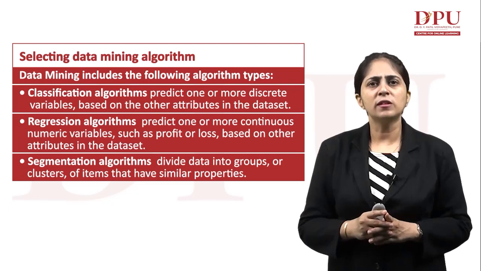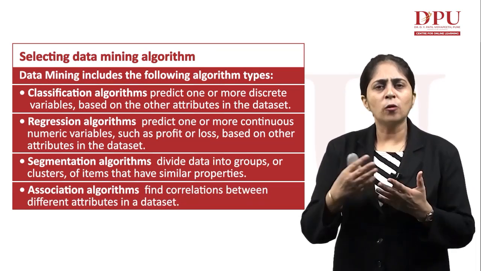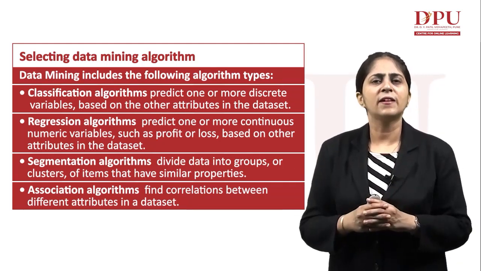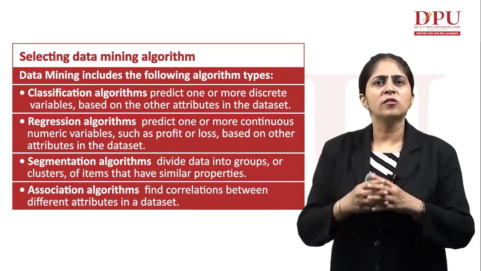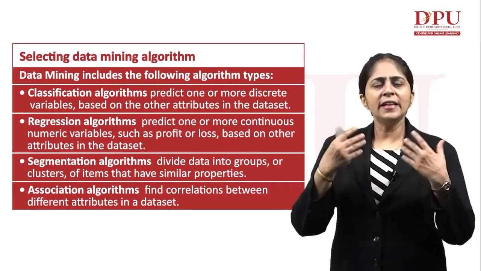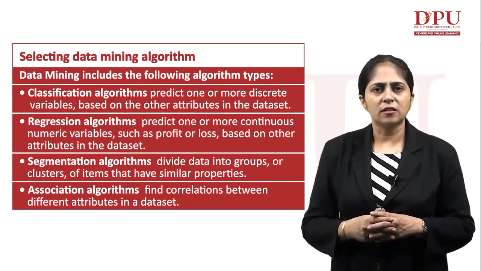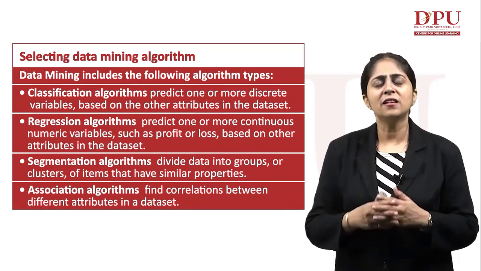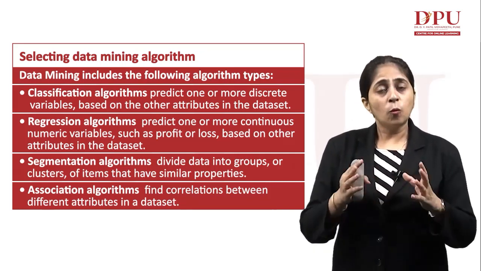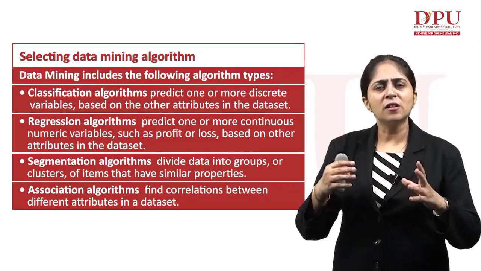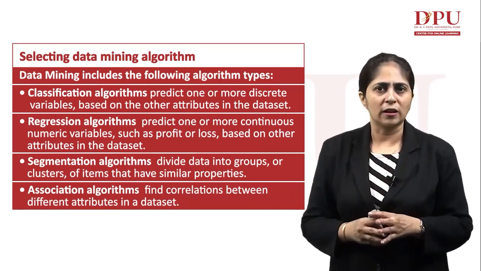Talking about the next one, which is the association algorithm. The association algorithm finds the correlation between different attributes in our data set, how they are associated with each other. We can take an example: if you purchase a product online, what are the chances that you buy some similar product or something related to that product?